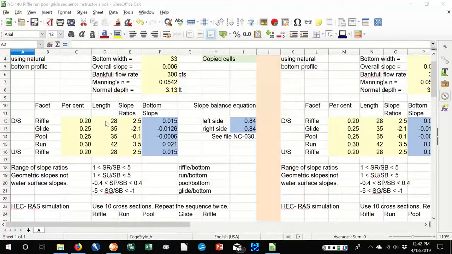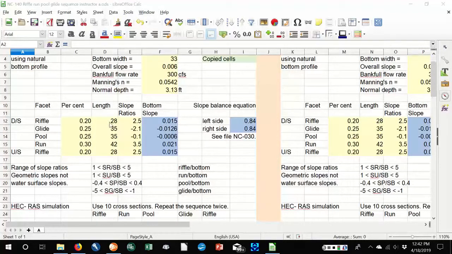So if we take the 140 and we get the appropriate length of each one, and then these are the slope ratios, which you would then use to compute the bottom slope. So they're based on like 2.5 times 0.006 is 0.015.